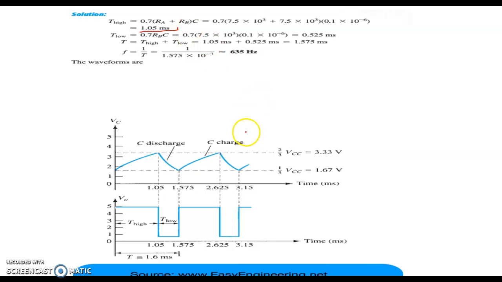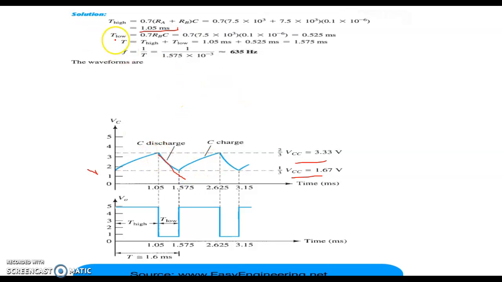For T low, this is a graph of the capacitor charging from VCC by 3 to 2 VCC by 3, and the capacitor will charge till the voltage is high, and when our pulse is low or off, then the capacitor will start discharging.